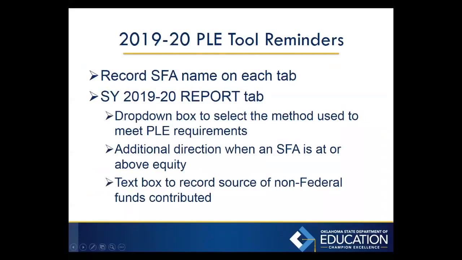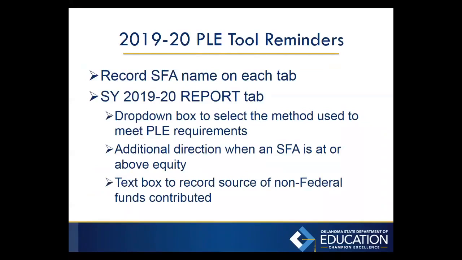The key to most of this is you're going to want to keep good documentation and record everything so that when a reviewer is conducting an AR, you're going to have this information readily available, because we're asking you for the non-federal funds that you have to cover maybe adult prices, that you're not charging the correct price for adults, and you're telling us you're using some of your non-federal funds to cover that.